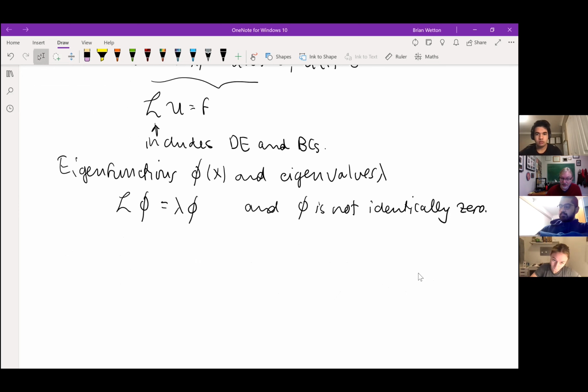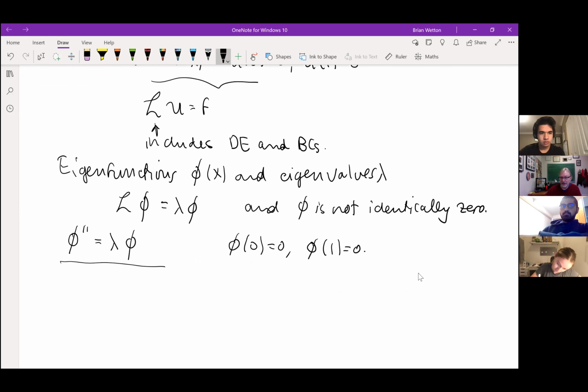So remember, L includes the boundary conditions. So we're looking for something that satisfies phi double prime is lambda phi, and phi at 0 is 0, phi at 1 is 0. Now, if you look at this, one of the things that you can see right away is phi identically 0 does solve that for any lambda.